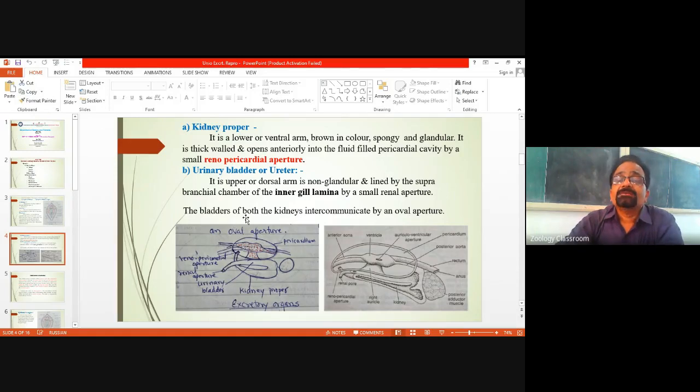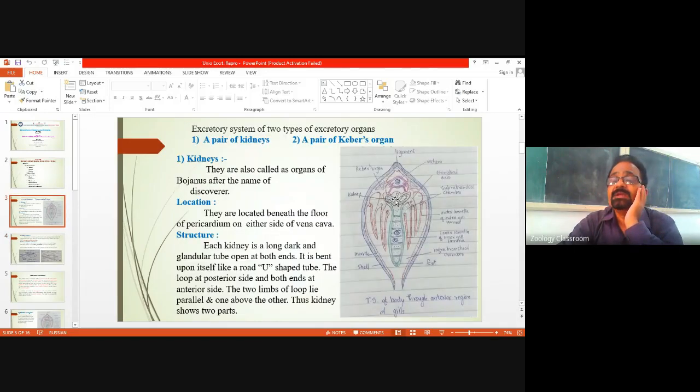The bladders of both the kidneys communicate by an oval aperture. Both the kidneys, this one and this one, are communicated with the oval aperture present in between them, like this.